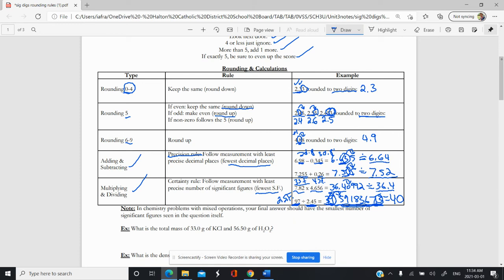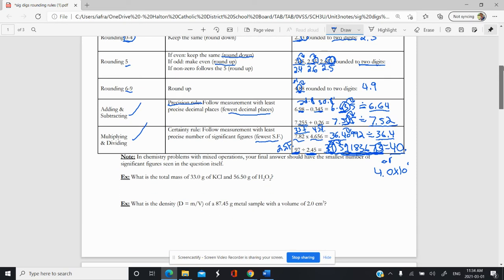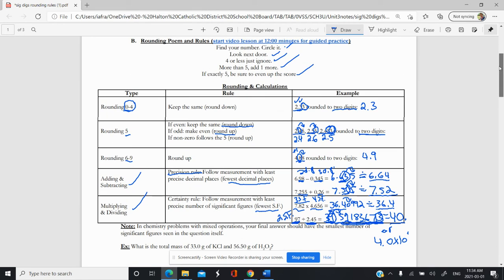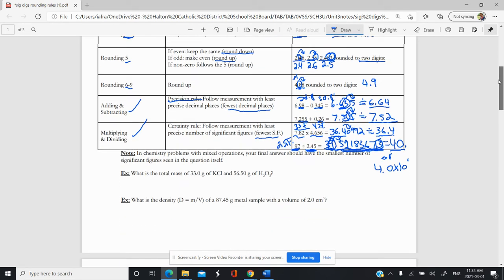So to make this count as 2, you need to make sure you put a dot here, 40 dot, or you could have done this as scientific notation, 4.0 times 10 to the power of 1, and that would have worked as well. Because you're rounding up here, not because you have a 5 there, and also the 5 is followed by a string of numbers. And so you'd be rounding up to 40 dot, for example. So that there was the major rules for rounding, and we incorporated significant figures in there as well.